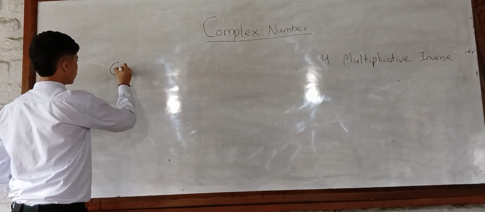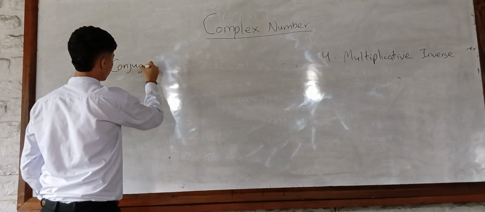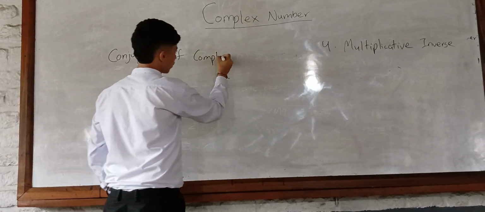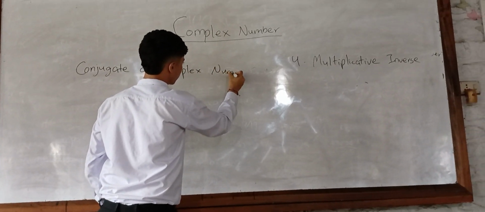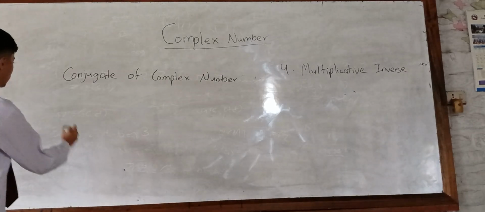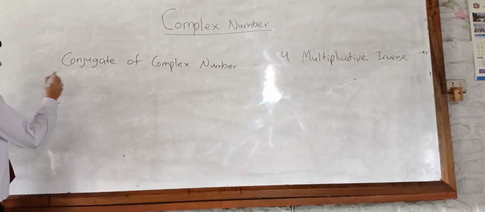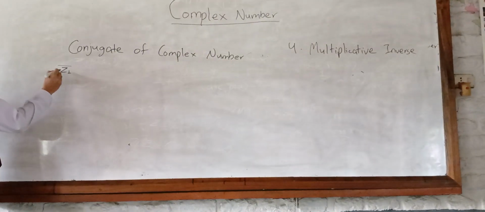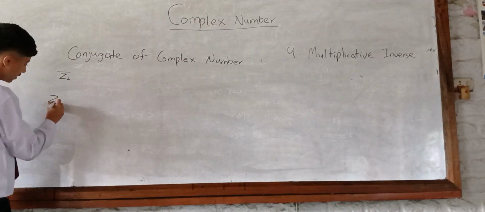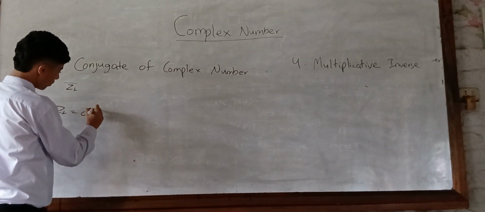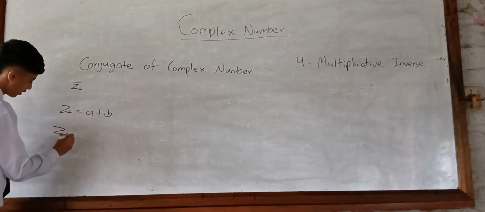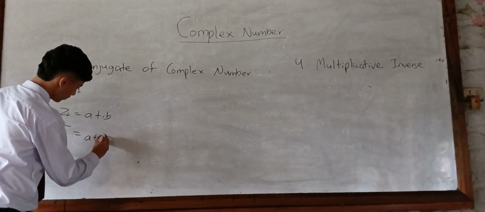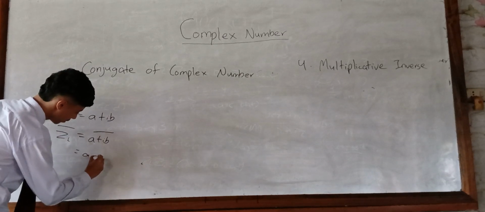If z1 is a complex number, then its conjugate will be denoted by the conjugate of z1, and it is defined like this: if z1 equals a plus ib, then its conjugate is a minus ib.